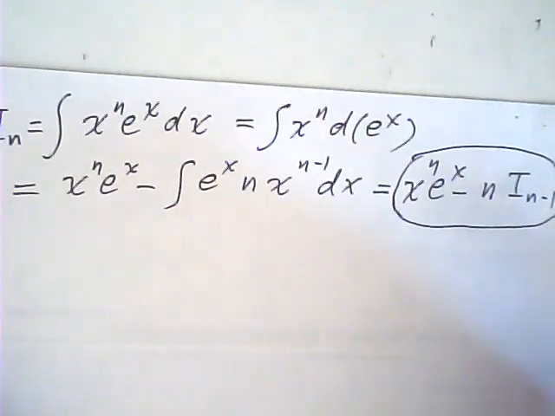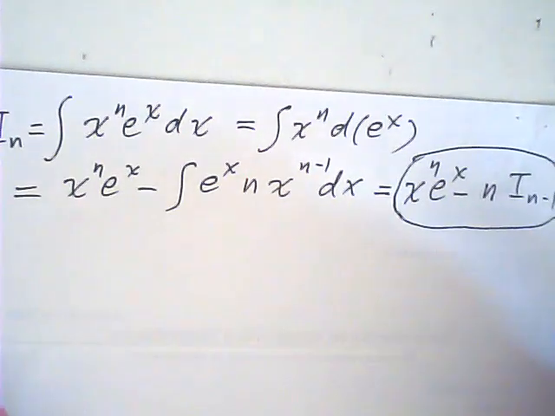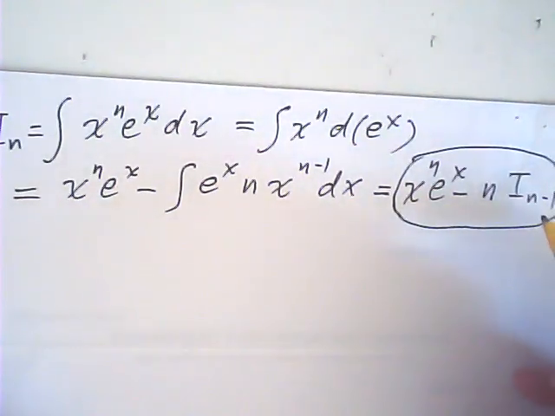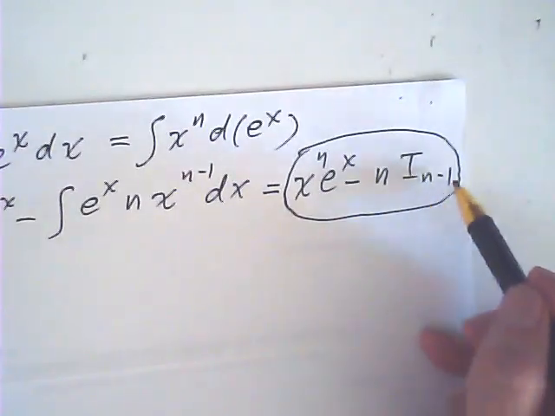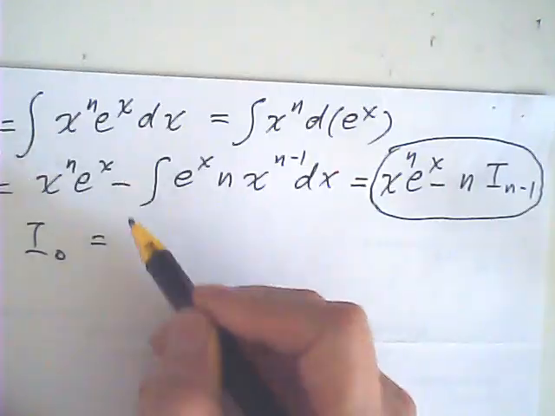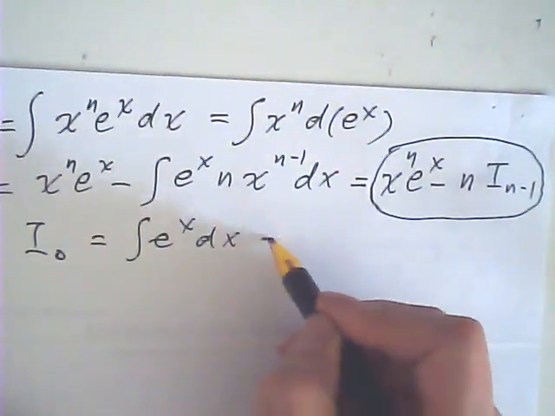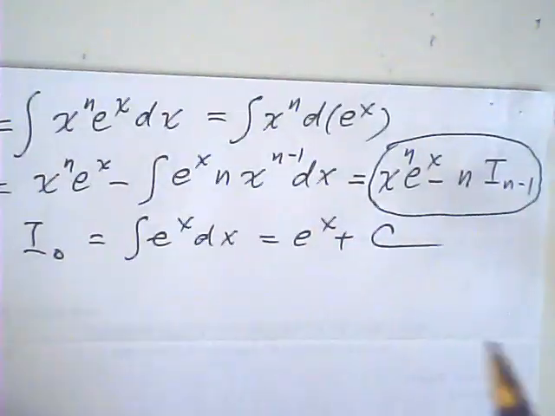Okay. Well, I need I0, right? I0 is equal to the integral of e to the x dx, which is equal to e to the x plus c.